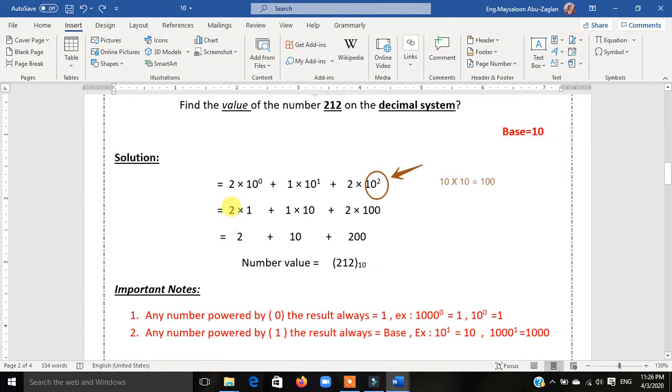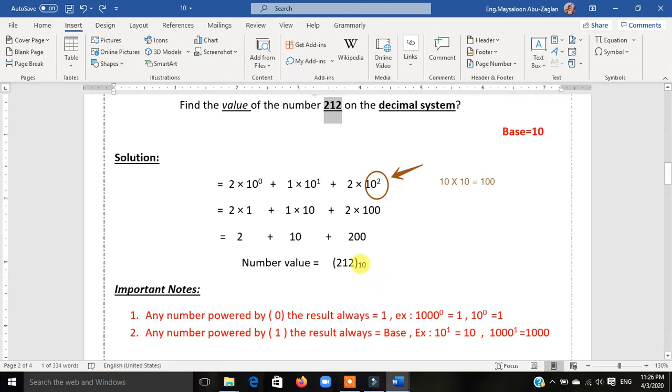Now we multiply 2 by 1, which is 2, plus 10, plus 200. When we add the whole numbers, it gives me 2012. You have to notice that the value of the number equals the number itself from the question. If you have the same number, you are doing well in solving the equation.